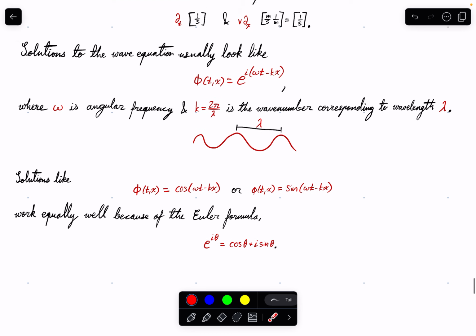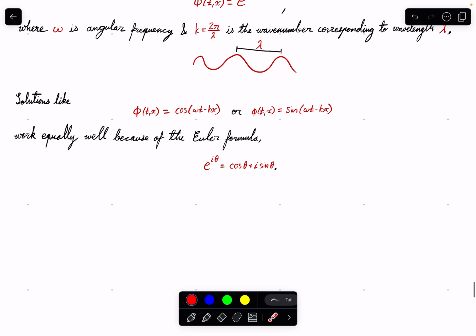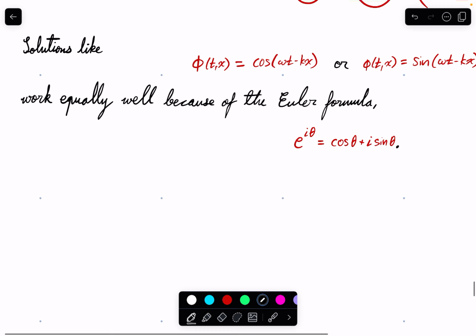So in general, this is the most general solution that is not a sum of other solutions. And the reason it works is because it's just a sum of cosine and sine. These are called plane wave solutions.